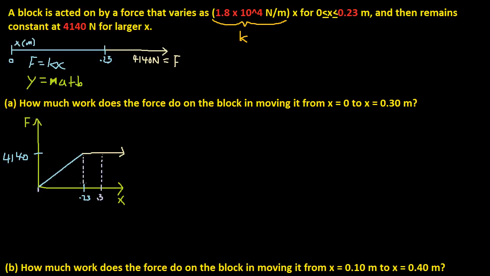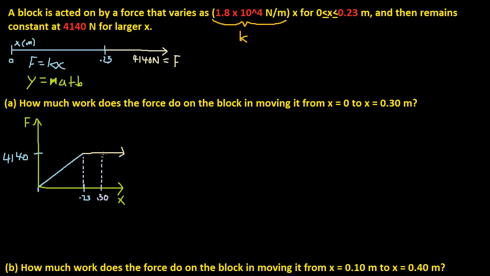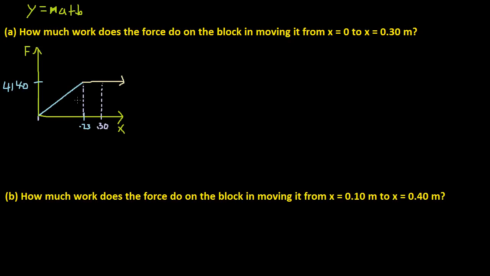We have this rectangle here and a triangle here, and that should be easy to work with. This is 0.30, by the way. It's just to show you that this one is larger than this one. Now we just have to calculate the total area in here.